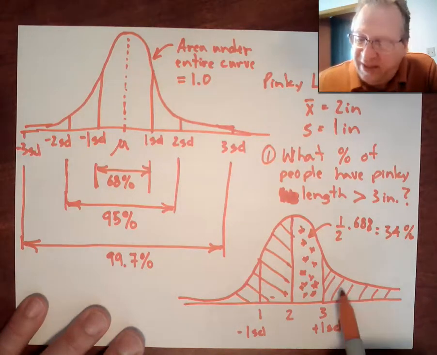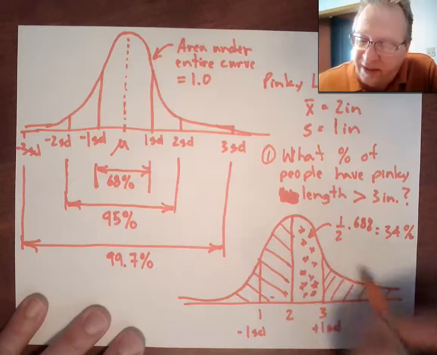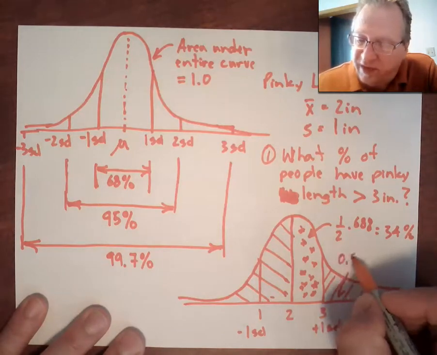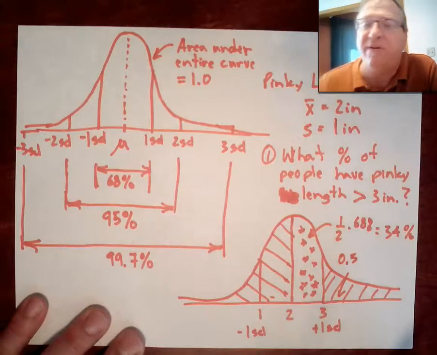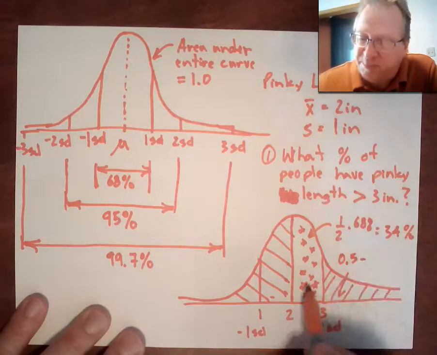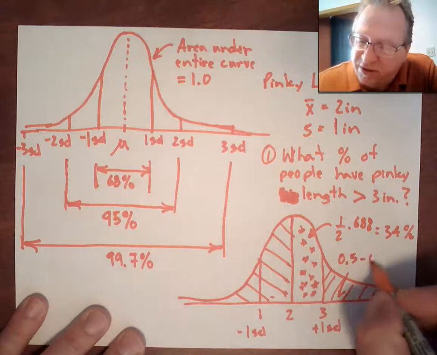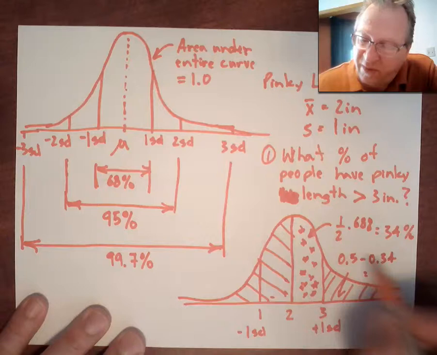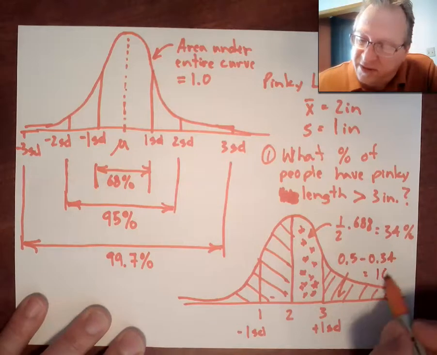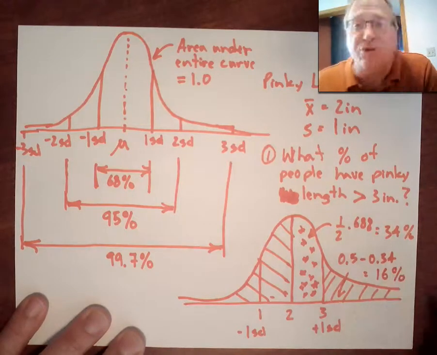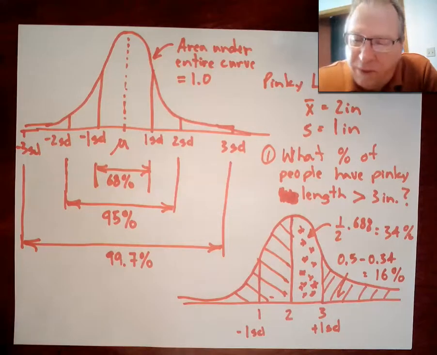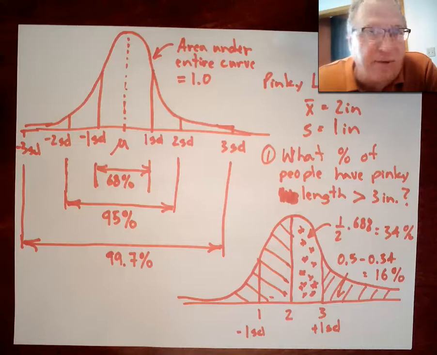So this piece is going to be equal to 0.5, the whole right half, minus the part in stars, which is 0.34, 34%. And what's that going to leave us? 0.16 or 16%. What percent of people would we expect to have pinky length greater than 3 inches? Well, that would be 16%.